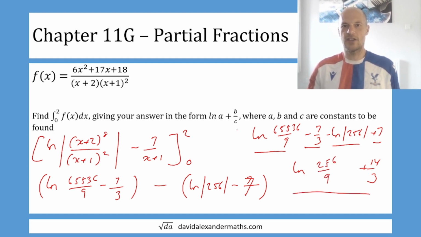There we go. So A is 256 over 9, and it seems a bit odd that A has not been written as A over something else, but unless I've made a mistake, it should be 256 over 9. So A is a fraction, 256 over 9, and B is 14, and C is 3.